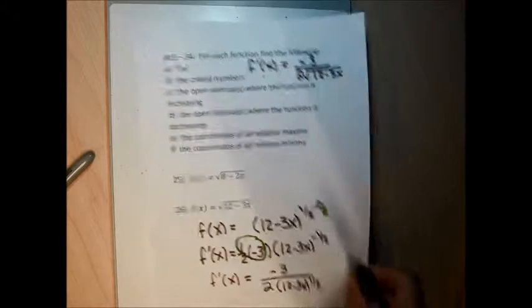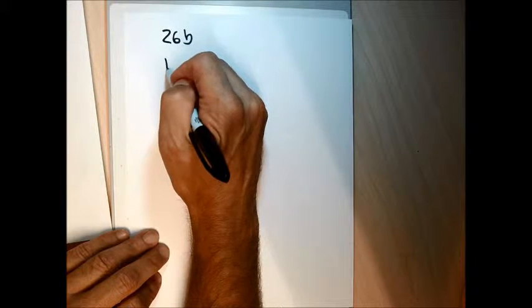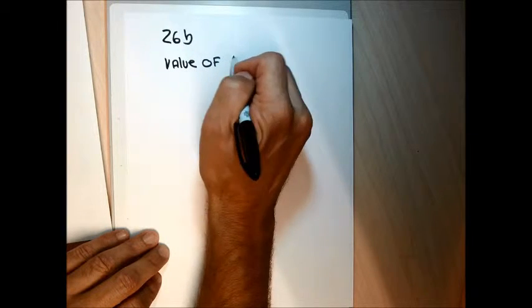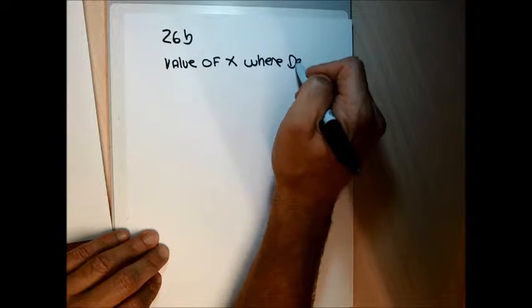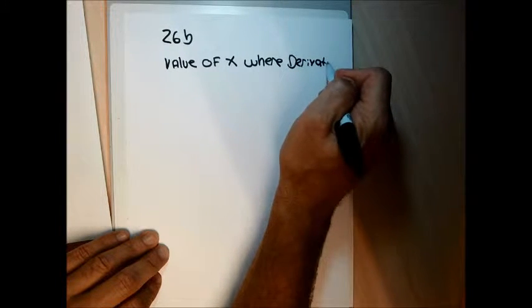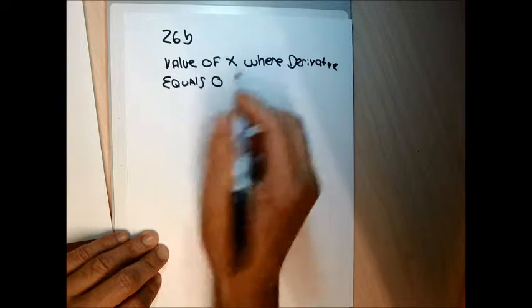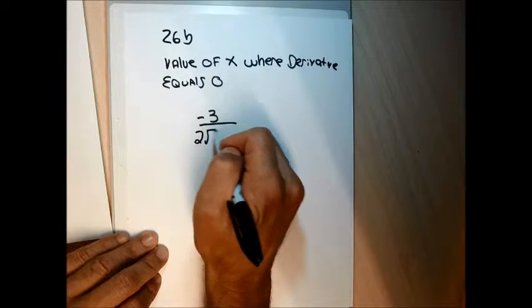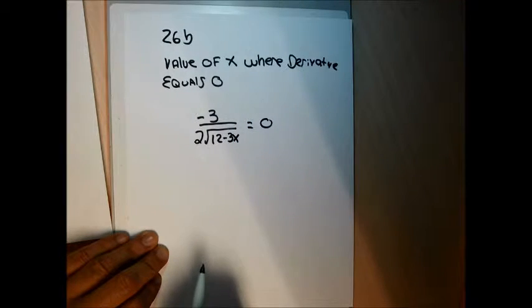So for part B, the critical numbers for 26b in section 3.1, the critical numbers are any values of x where the derivative is equal to 0, and you get those by taking the derivative, negative 3 over 2 times the square root of 12 minus 3x, and setting the derivative equal to 0.